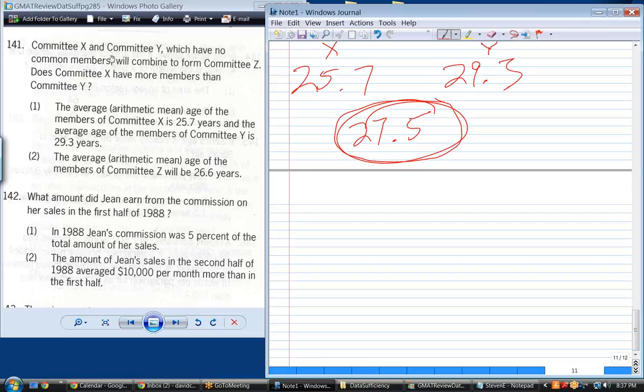They have no common members and they're joining up. So maybe there's 20 members in Committee X and there's 15 in Committee Y. And they join up. Statement 1 tells us the average age of Committee X and Committee Y, and Statement 2 tells us the average age of the committee that is formed when they all add together. So if I told you the average age was 27.5, wouldn't that tell you that there had to be an equal number of people in X and Y?